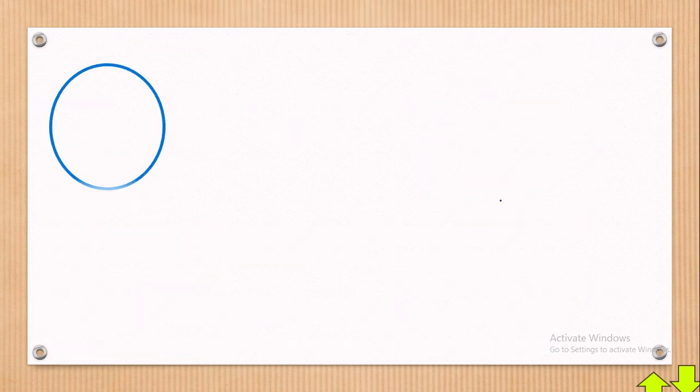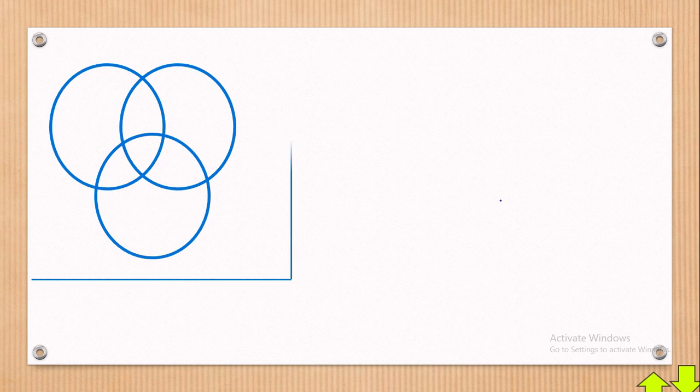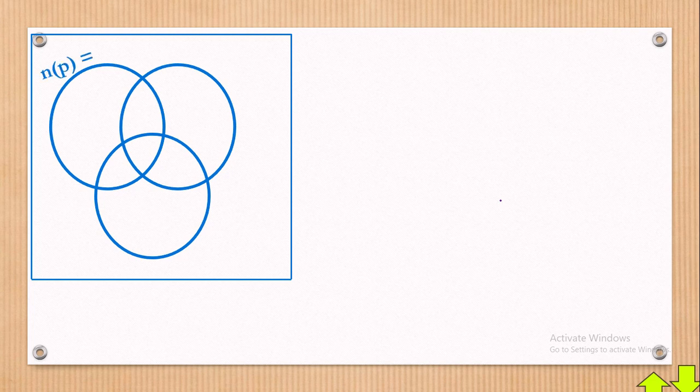Right, good. So you're going to transfer what you had in the other part here in the Venn diagram. Number in P is equal to that.